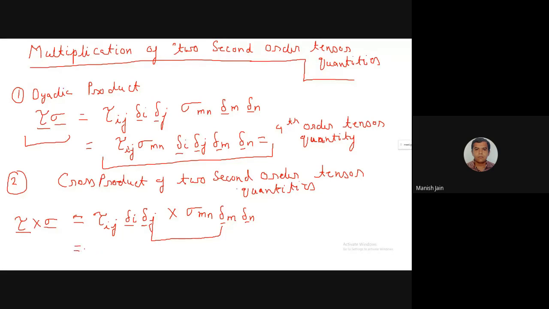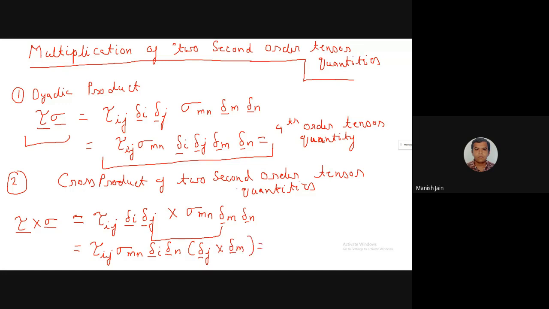So this will be equivalent to tau ij, the magnitudes multiplied first, sigma mn, then you write the remaining vectors del i del n. These are the remaining unit vectors, and you have to take the cross product between del j cross del m, which are near to each other.